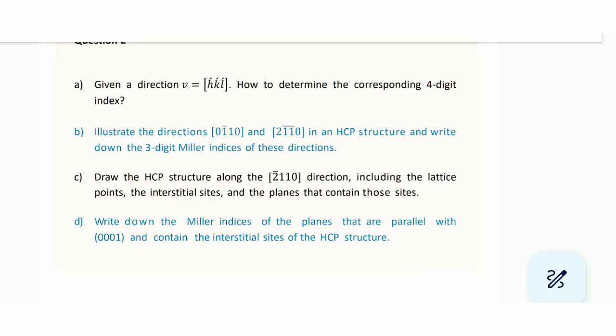Sometimes we don't need that information and sometimes we do. For the hexagonal crystal system, for example, we need that extra information to completely describe the direction. That is why we use the four-index system for directions in the hexagonal crystal system, but it is not needed in other crystal systems like the cubic crystal system. That is why for cubic we usually use the three-index system, because we don't need the third index, but for HCP it's needed.